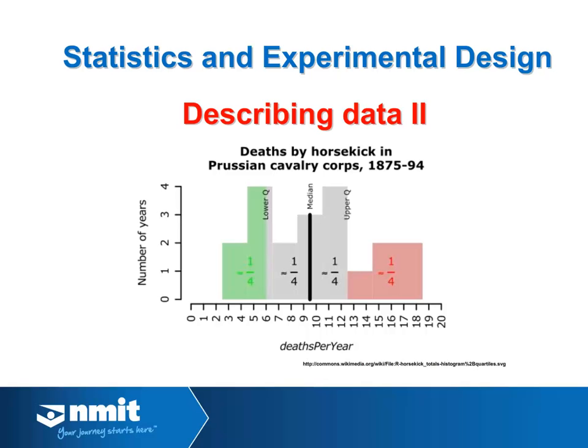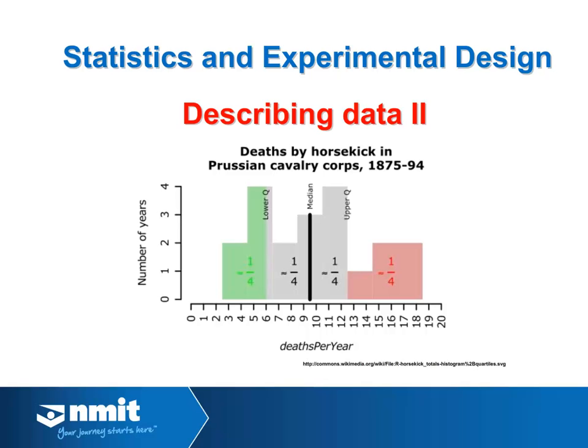On the x-axis, we have ranges of data, attributes of a variable, and on the y-axis we have the count. So the number of times that value for that variable is found in our data set. And here we have an obscure data set, deaths by horse kick in the Prussian Cavalry Corps between 1875 and 1894.